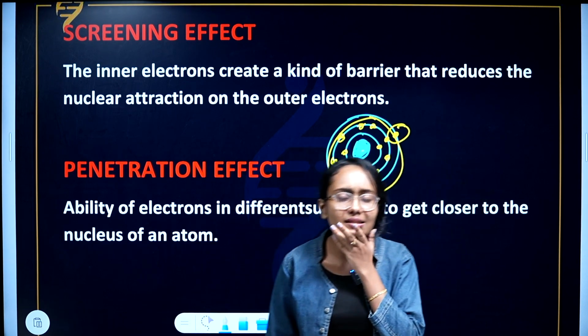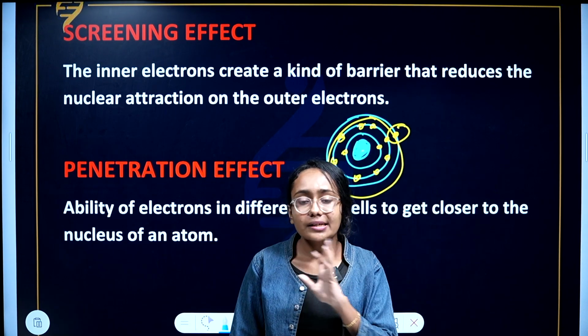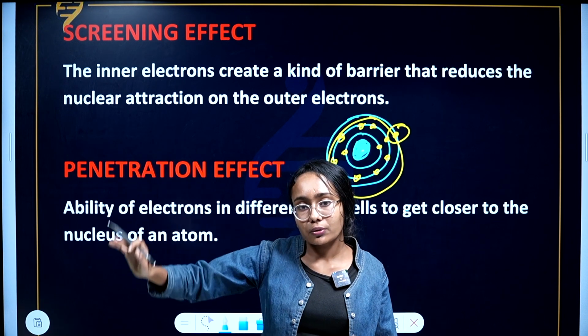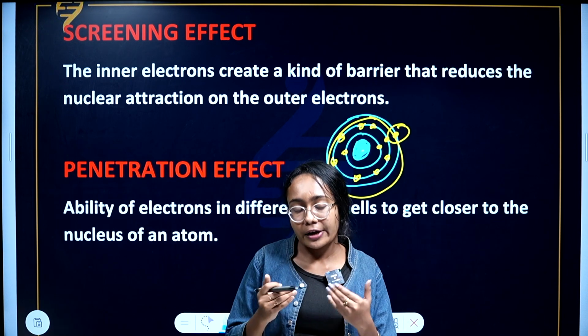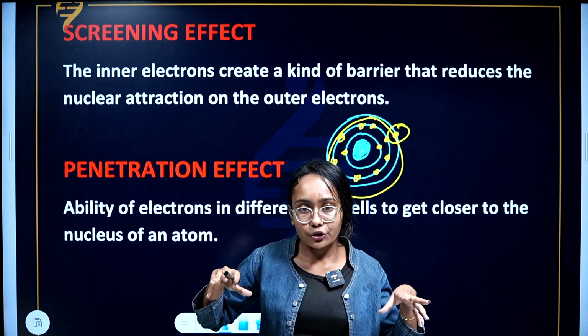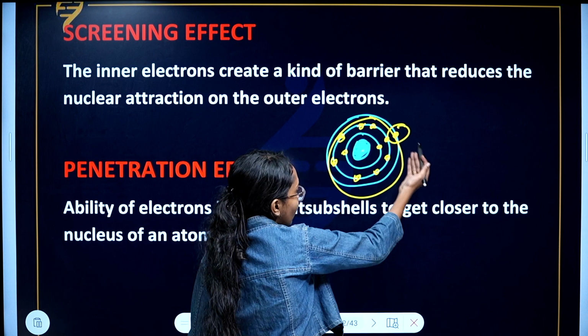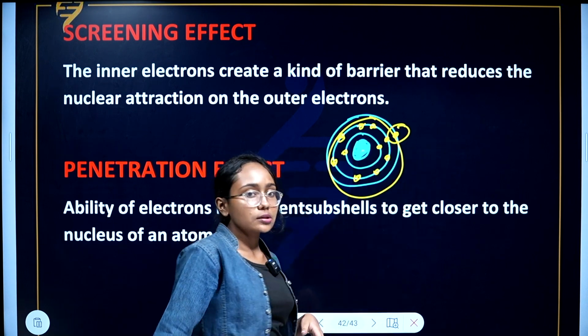So the shielding effect, or the screening effect, is the protection provided to the outermost electron from the nuclear force of attraction by the other electrons prior to the outermost electron. Prior means before the outermost electron.